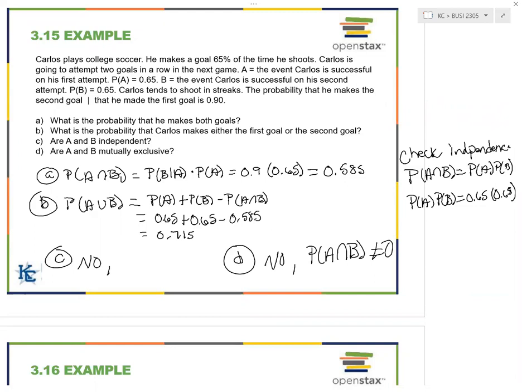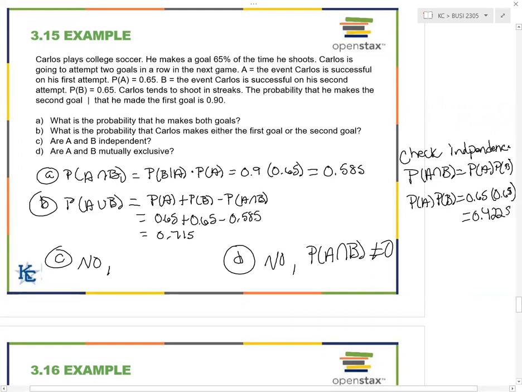I didn't pre-do that. Let me check it real quick. So 0.65 times 0.65 equals 0.4225, okay?